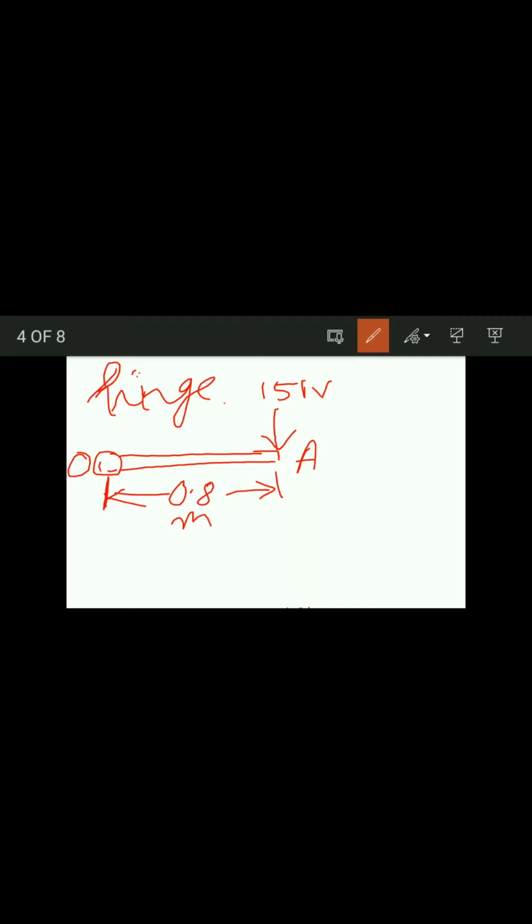This is one figure, and in the second case the figure will be like this.